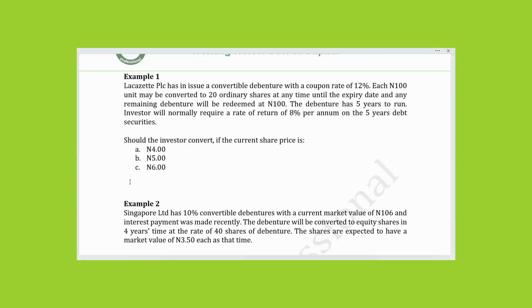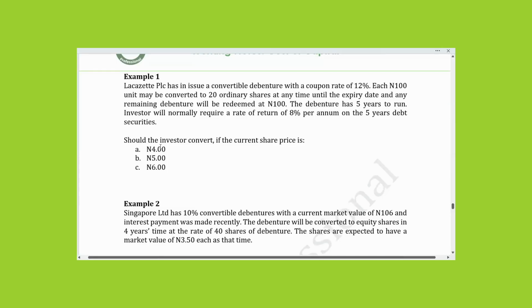Remember, I told you earlier that investor will only convert to ordinary shares if it is profitable. If it is not profitable, investor will just allow the security to mature and then they will redeem it. So for you to know whether it is profitable or not, you need to compare the conversion value with the redemption value.